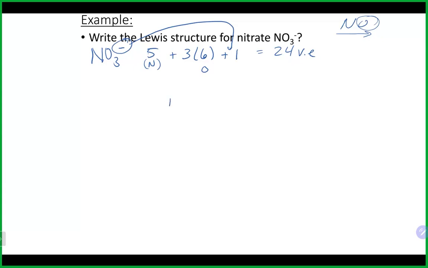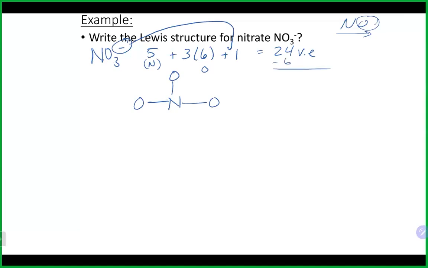So we're going to rearrange this here. Just going to put my oxygens around it. And just like in the first one, it doesn't matter if you put the oxygen on top or bottom there in the middle. We're going to do our single bond to everybody. So a bond there, a bond there, a bond there. That again is 2, 4, 6 electrons that I used.